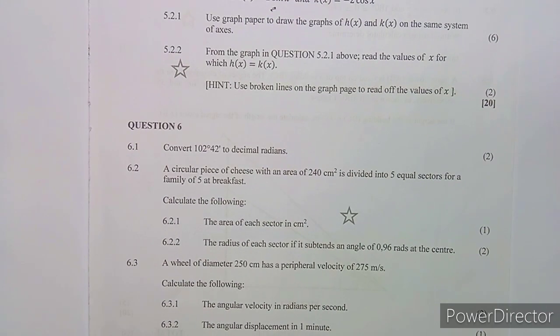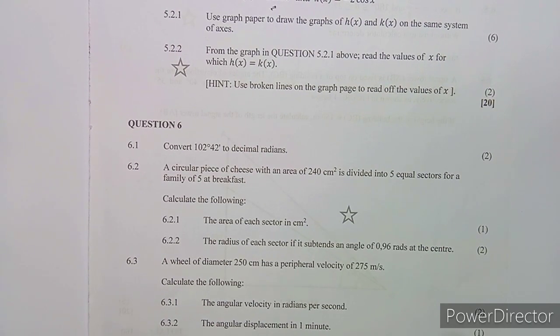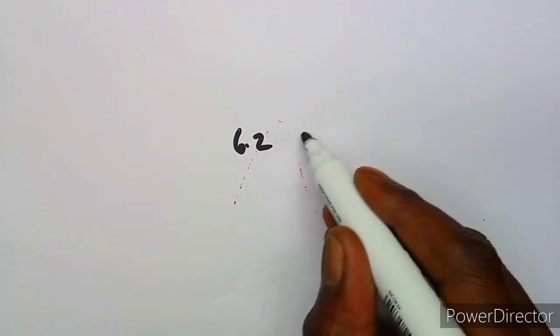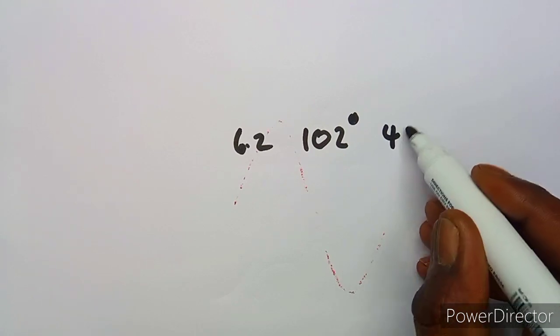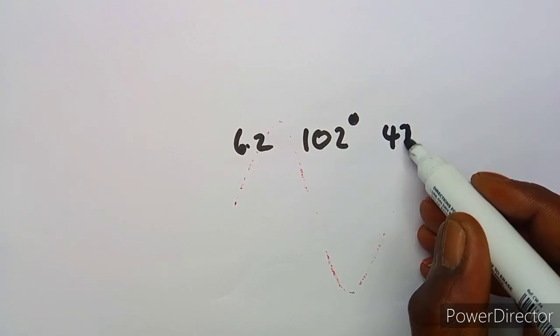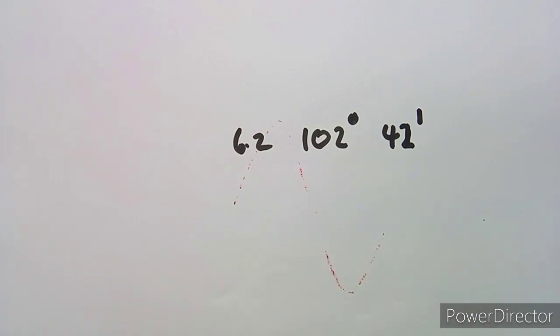And the other question is to convert 102 degrees 42 minutes to decimal radians. Okay guys, take note about this type of question, that we can only convert to radians provided that this is totally in degrees, because we know the conversion of degrees to radians.